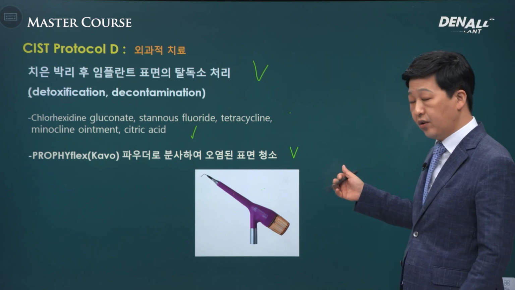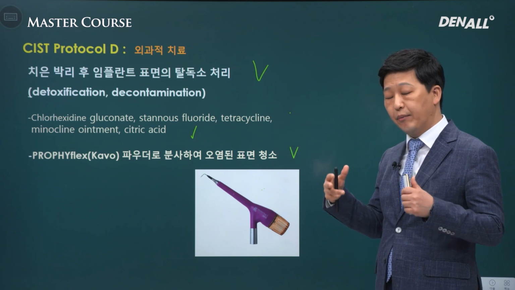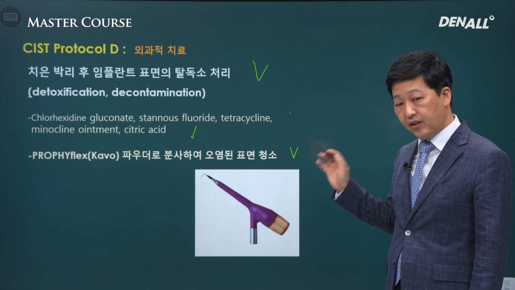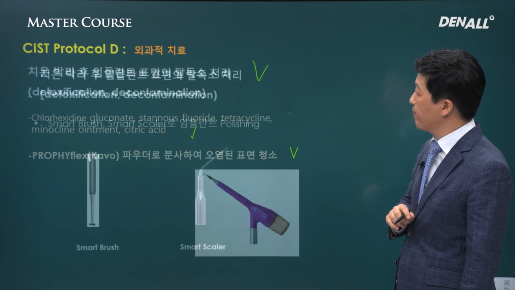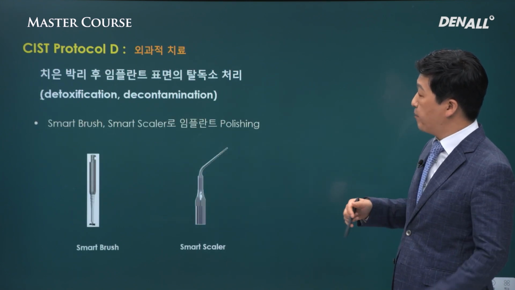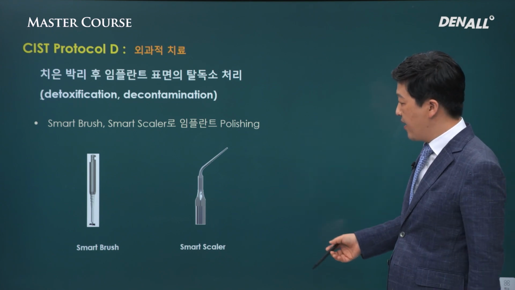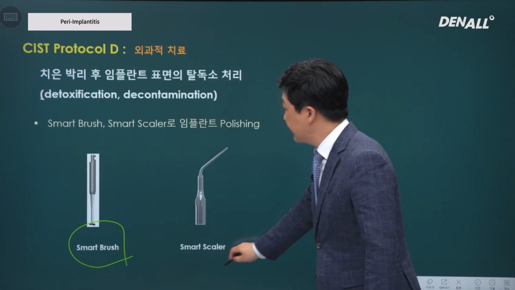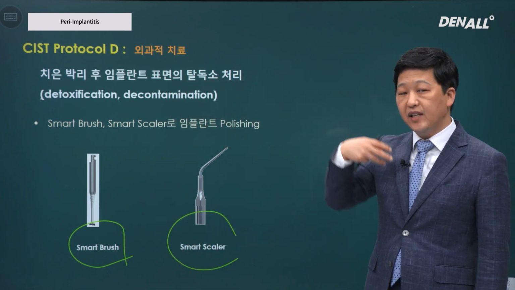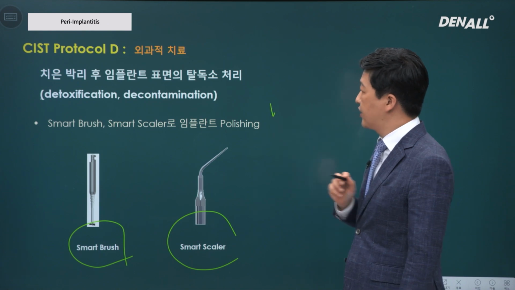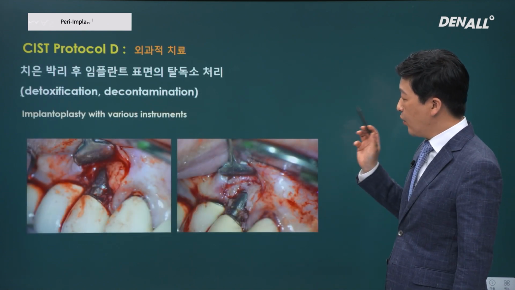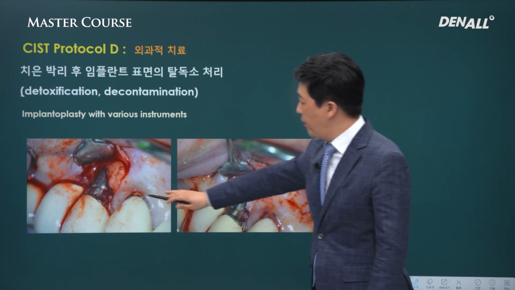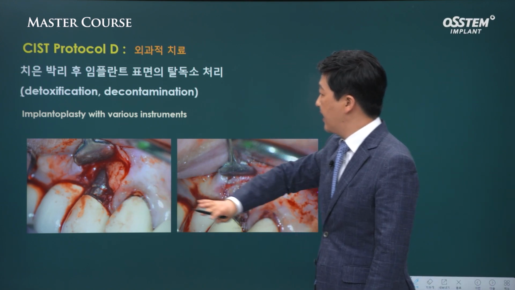If air goes into surrounding tissue, side effects can be caused. Therefore, precautions need to be taken. After ablation, you can use Osstem's Smart Brush or Smart Scaler to clean the implant surface. This is done frequently. You can use high speed or low speed to make the rough implant surface smooth.